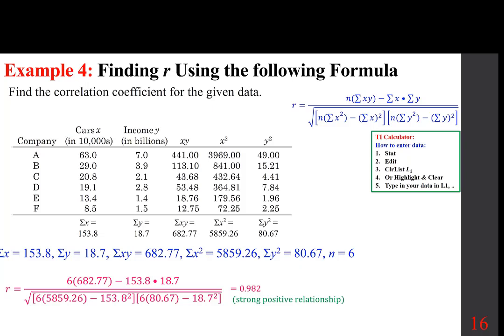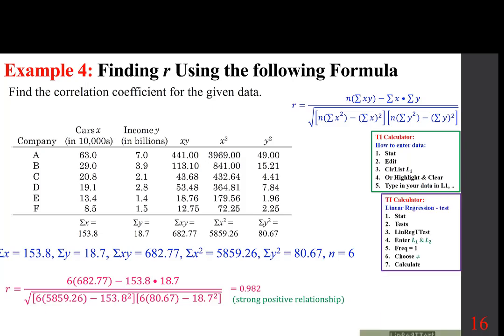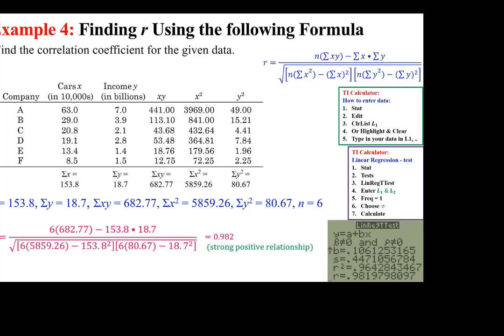Now, as I mentioned, this is really not done by hand. If you do it with technology, look at the bottom number. We are interested in R. R squared is also there. I will go over the concept shortly.